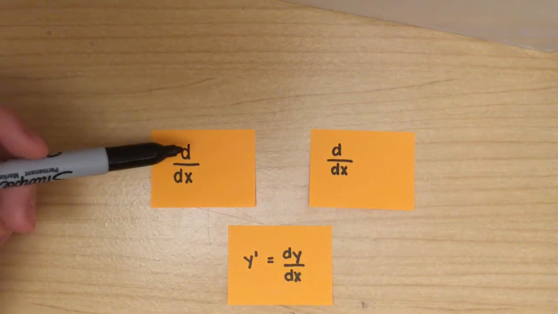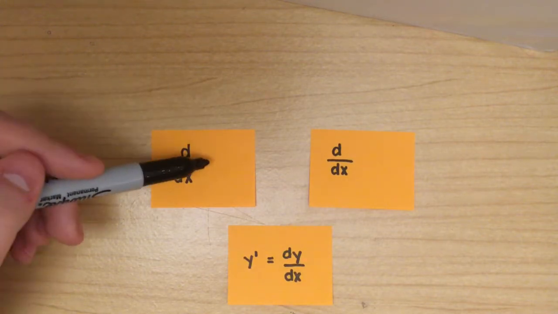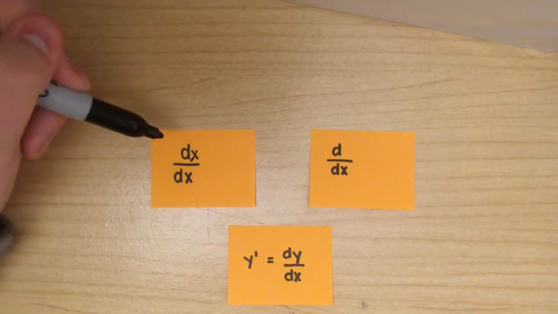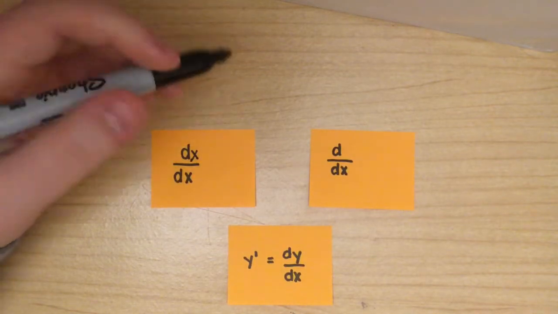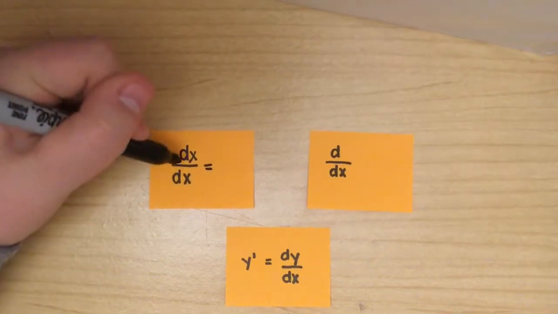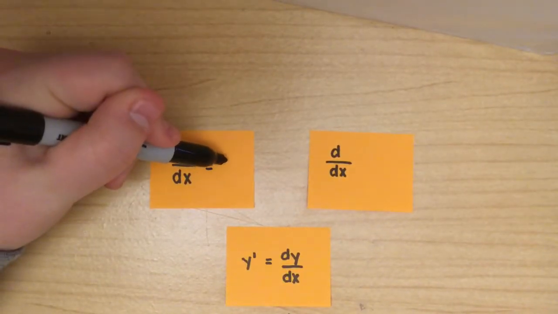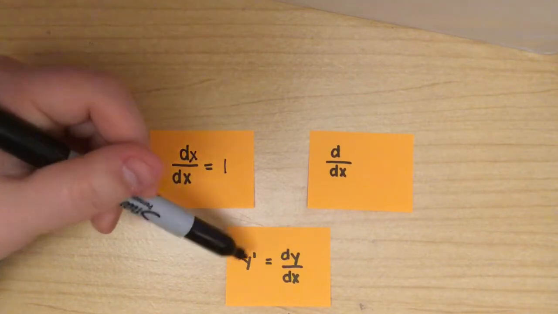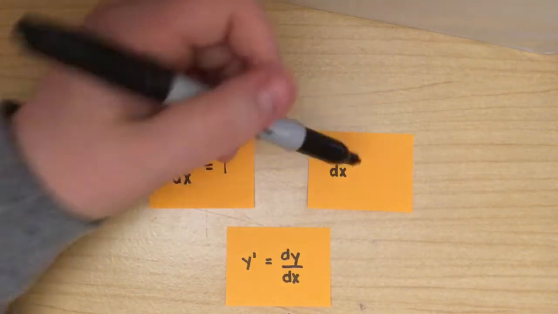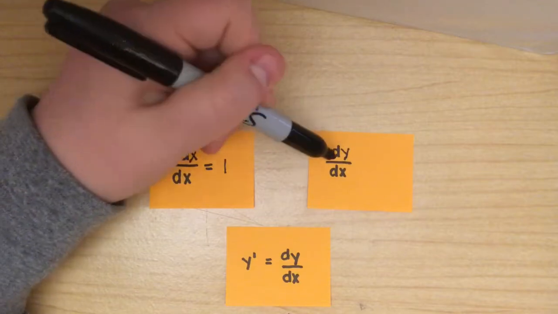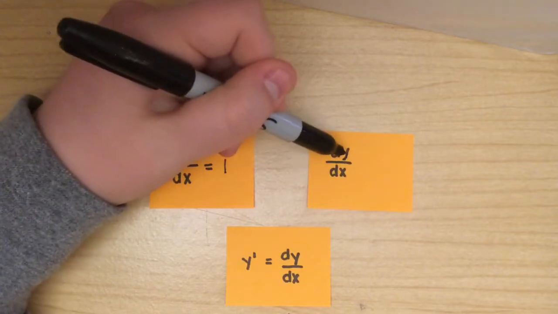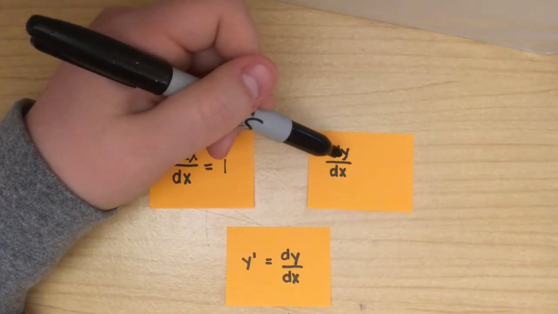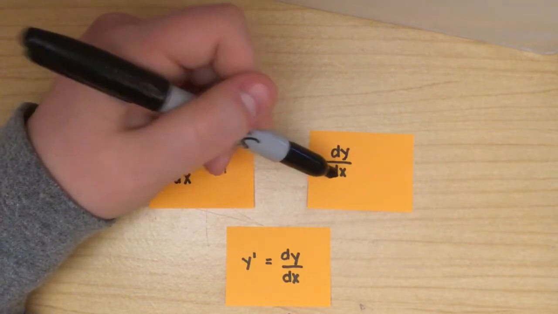So when you are taking the derivative of the x in the implicit, this would be dx over dx, but because it's the same variable on the top and the bottom, that equals 1, so you can pretty much not include that. But when it is of y, it would be dy dx, and you can't cancel that out because it's the derivative of the y value in terms of x.